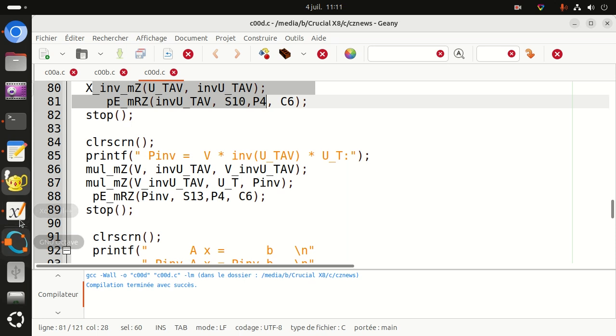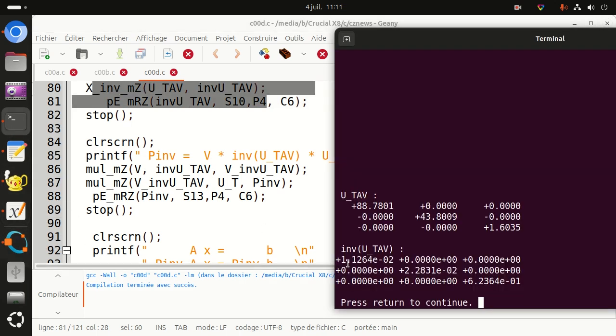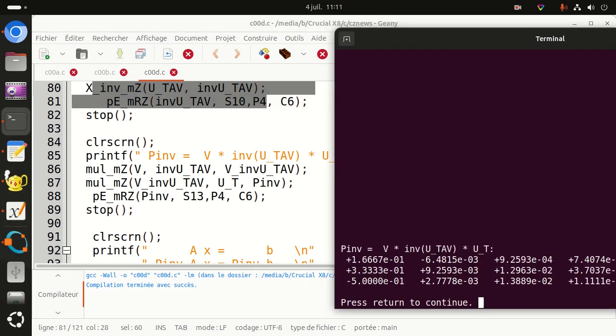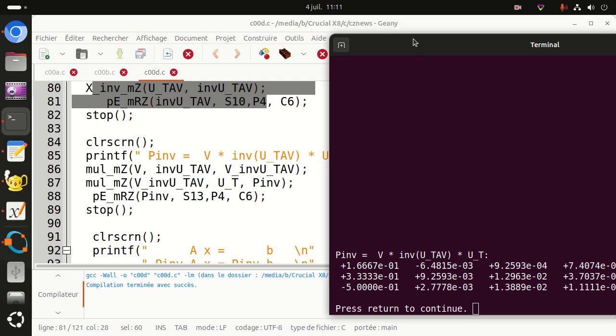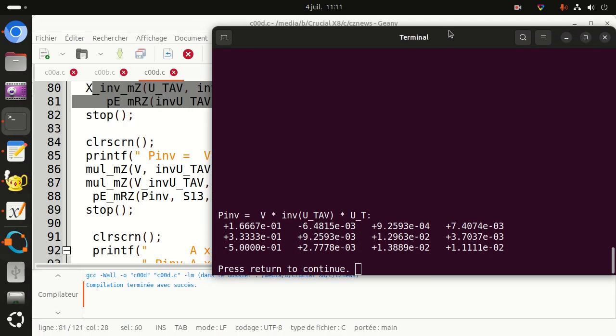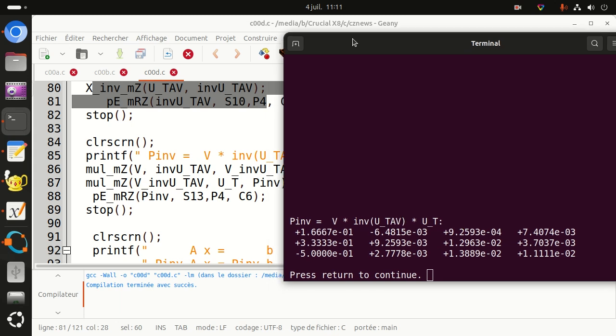Then you can compute the pseudo-inverse of A with this matrix.